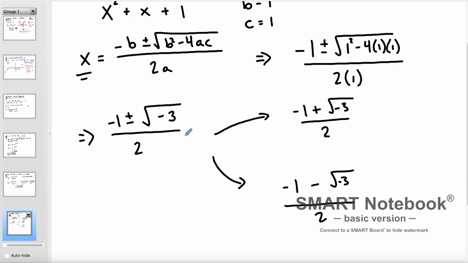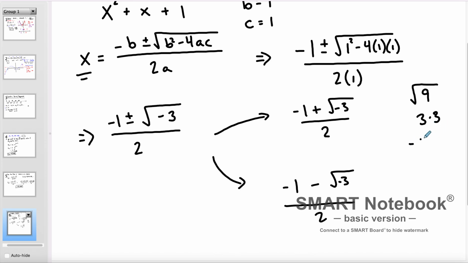Now we have a problem, though. We are not allowed to take the square root of a negative number, right? A square root means, what is the square root of 9? It means what number times itself is going to equal 9? Well, that's 3 times 3, right?